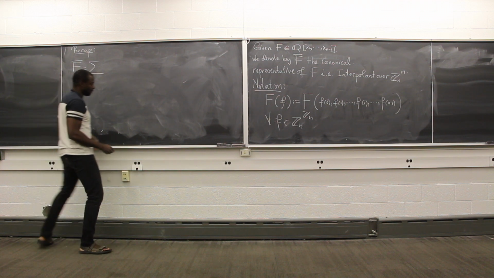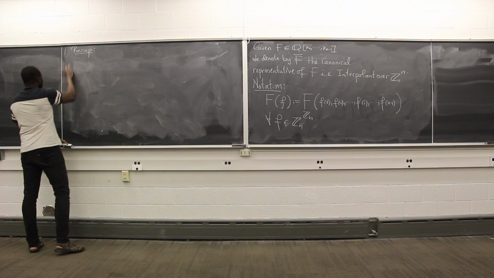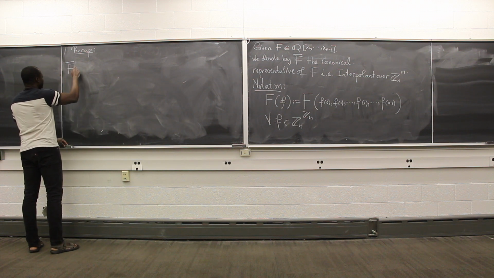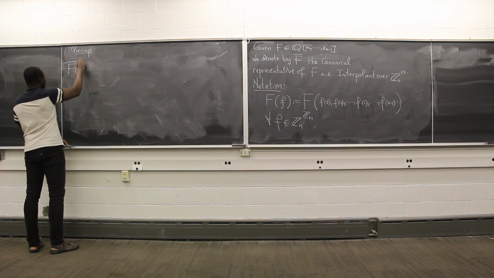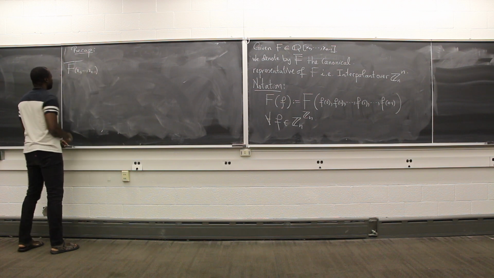Okay, so what we're saying here is that f bar is equal to the sum over all g. I want to emphasize that this is a polynomial. We're still talking about polynomials. This f bar depends on x0 up to xn minus 1.